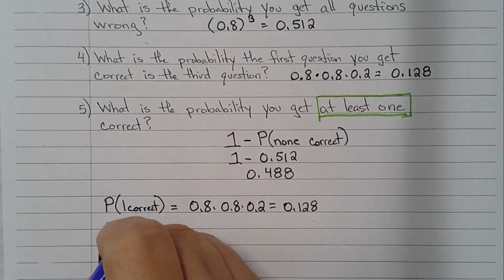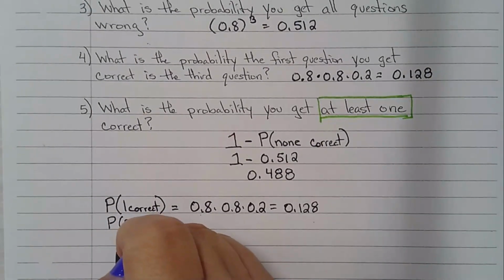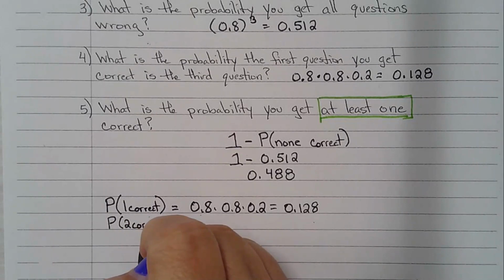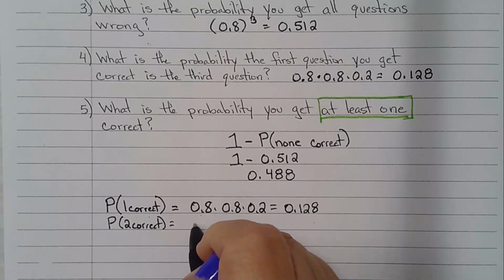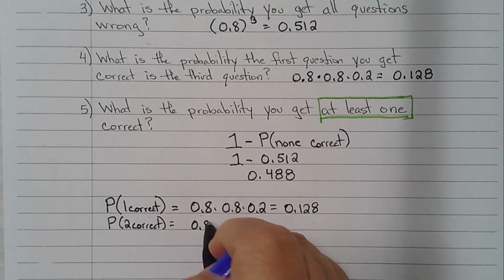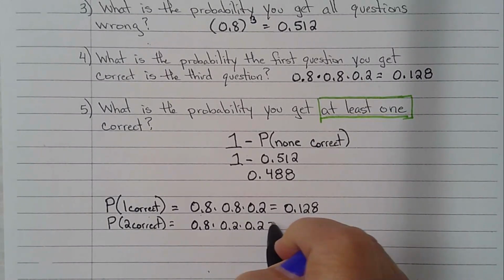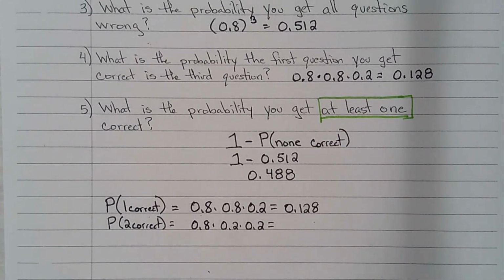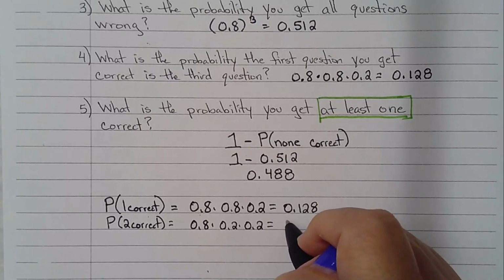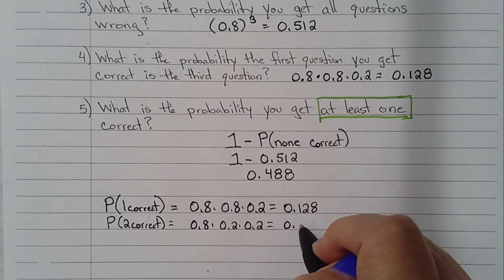Well, the probability that we get 2 correct, that's going to be 1 wrong answer times 2 correct answers. Yes? That's going to be 0.032.